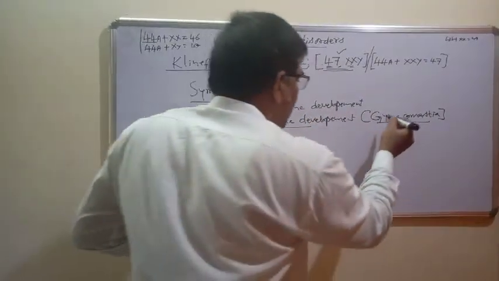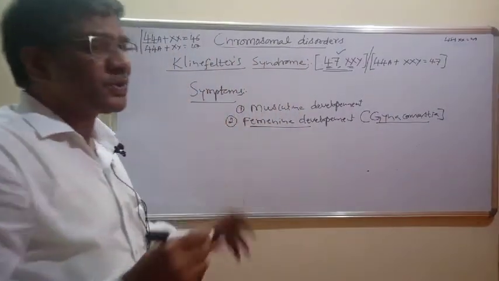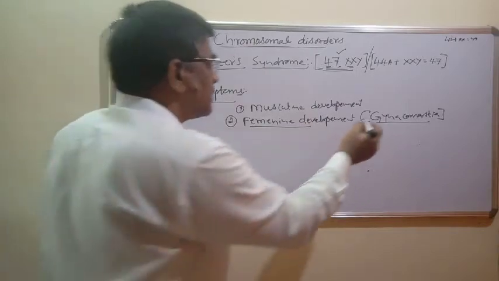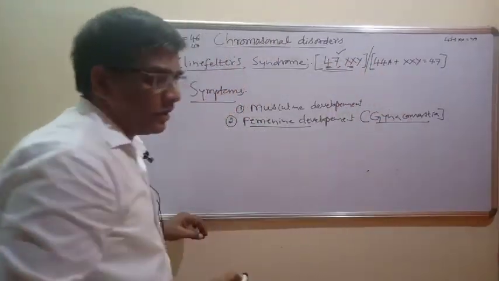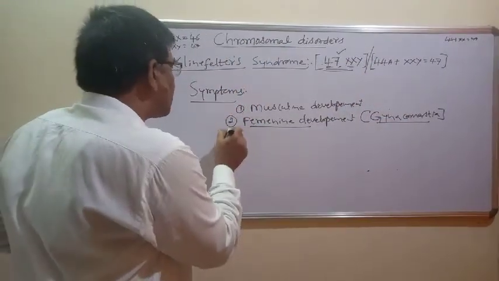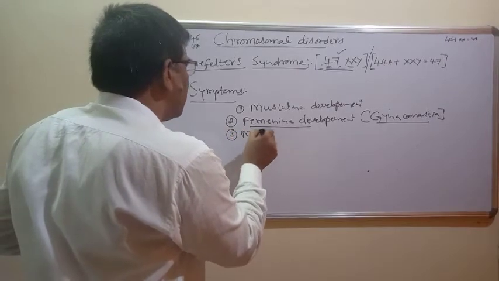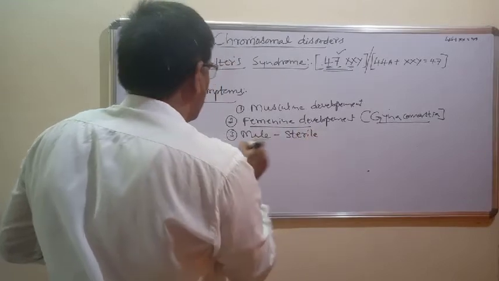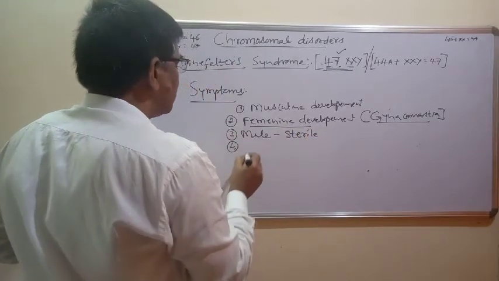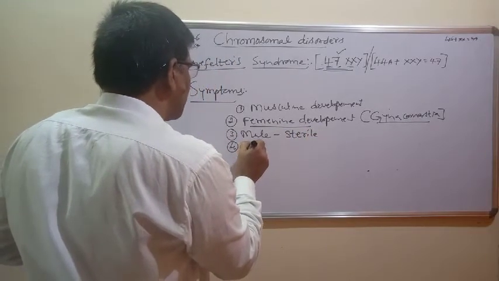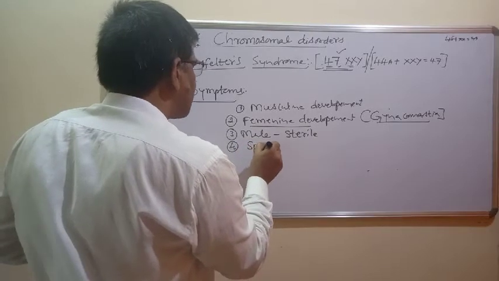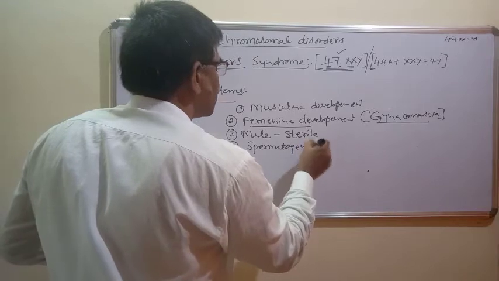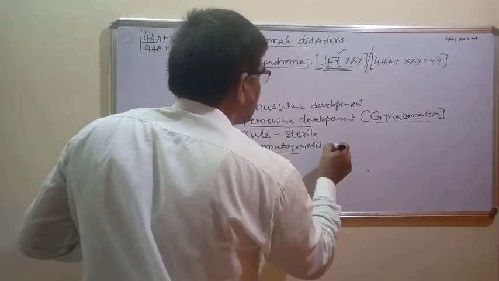Gynecomastia is nothing but the development of a breast to some extent in a male. So generally, this female characteristic is developed in a male. So when this is produced, the male individual is sterile. Here, spermatogenesis takes place less, or no spermatogenesis takes place.